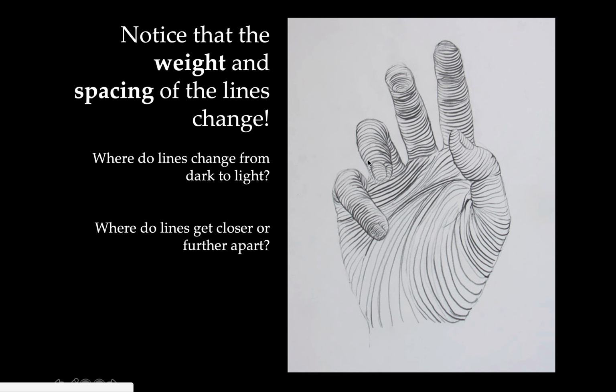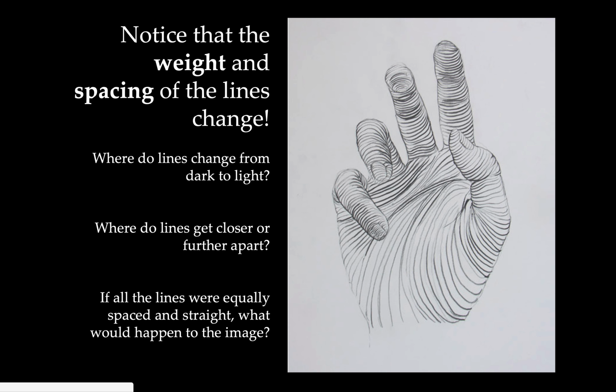So I'm going to use my cursor to point out these areas right in here. We have some lines that are really close together, which make that hand kind of feel scrunched up, maybe further away from us. And then down here we have these really broad lines that are a little bit further apart that help that hand kind of come toward us.